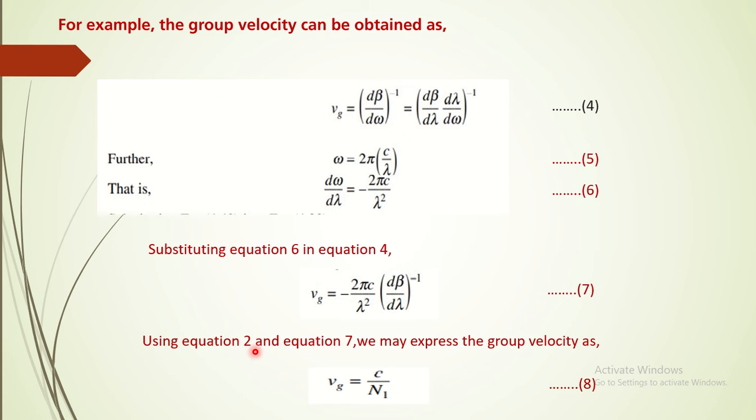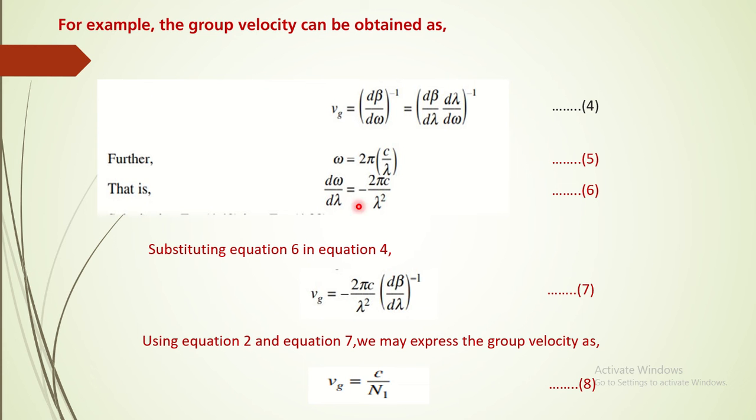Omega is the angular frequency, which is equal to 2 pi c by lambda. When I differentiate with respect to lambda, you will get d omega by d lambda equals minus 2 pi c divided by lambda square. This is equation 6.